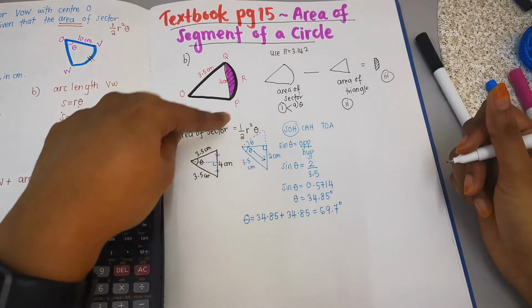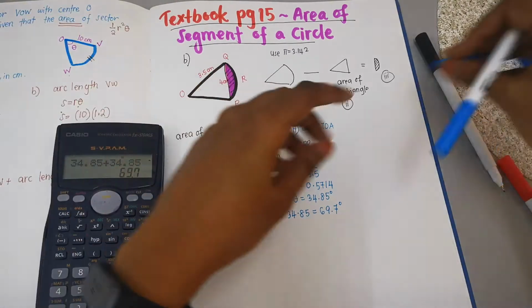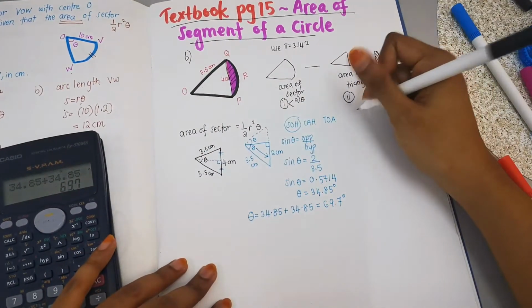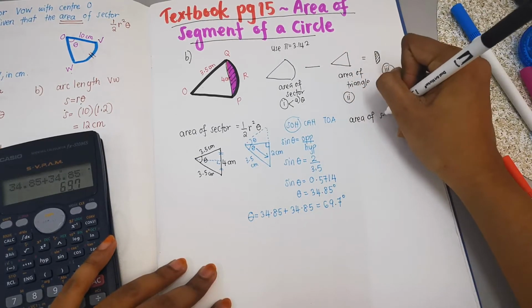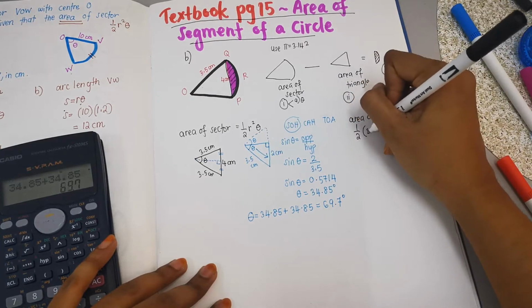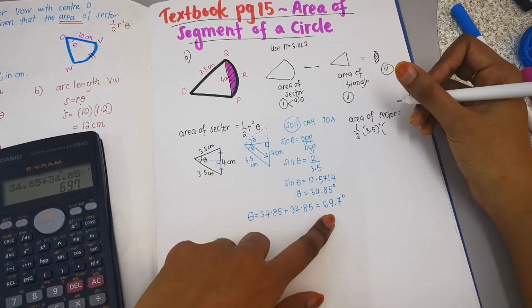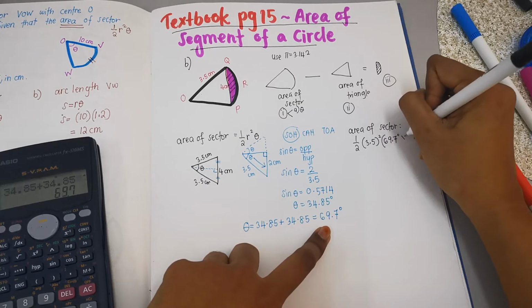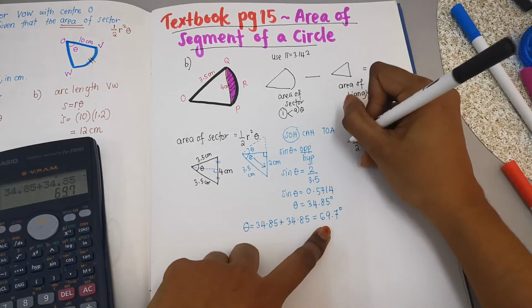Now can we put it in to find the area of the sector? I think now we can apply. Area of sector is 1 over 2 r squared theta. Theta is in degrees, and I don't want degrees, so I need to change it to radians by times pi over 180.